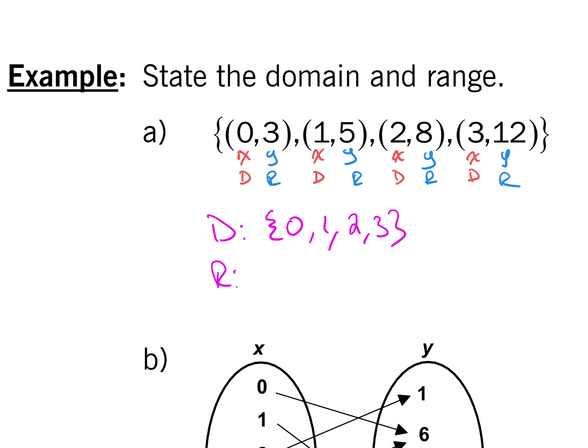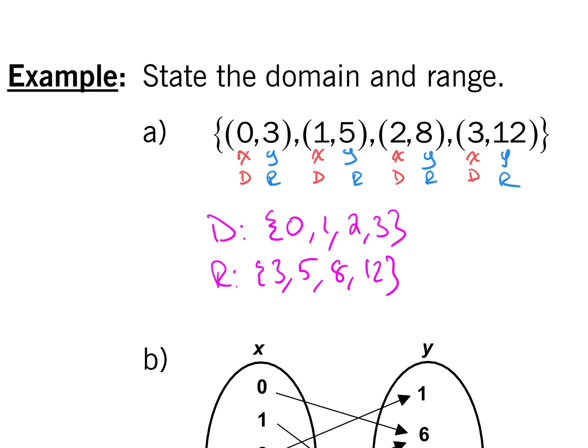And then we write down the numbers that belong to the range, which are 3, 5, 8, and 12. That's it. We're just given a collection of 4 points. So there's 4 x values in our domain and 4 y values in the range. That's it.